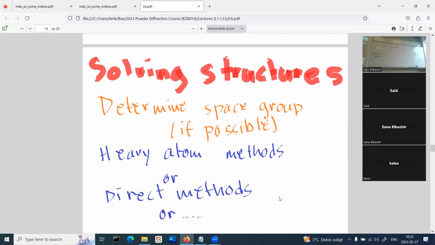Oh, solving structures. I wrote this when I got my drawing board. So what we did previously was space group determination, then heavy atom methods or direct methods or some other.